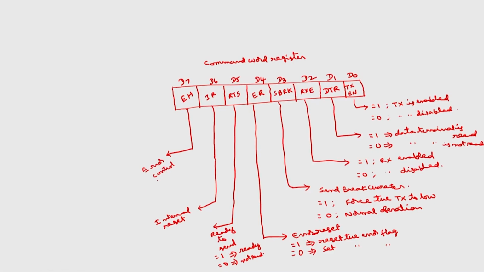The last bit is also an error control signal. This is equal to 1 if the sync pulse is detected. We know that in case of synchronous transmission, we will use sync pulses, whereas in case of asynchronous, we will use start and stop bits.